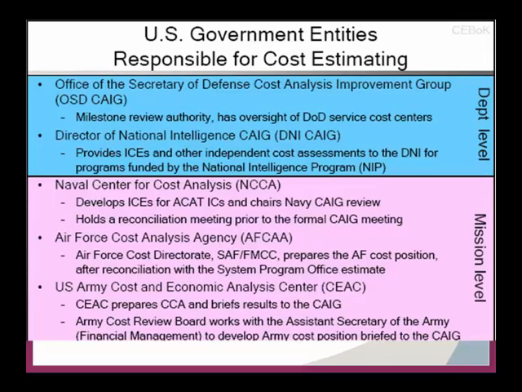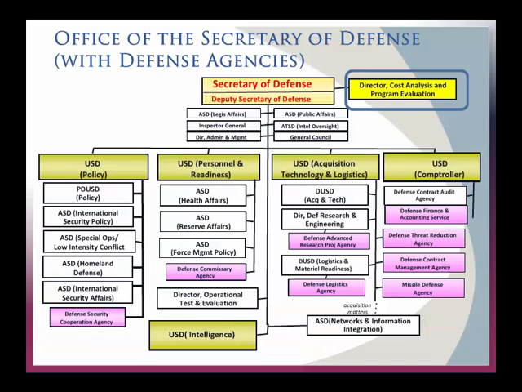So now we're going to get very lightly into the mechanics of cost estimating, or I should say the organizational level of cost estimating. So you've got pieces of it that are at the department level, the OSD level, the different services, and then you've got mission level. Depending on what the mission actually is, you've got your folks that are experts within those domains that do cost estimation.